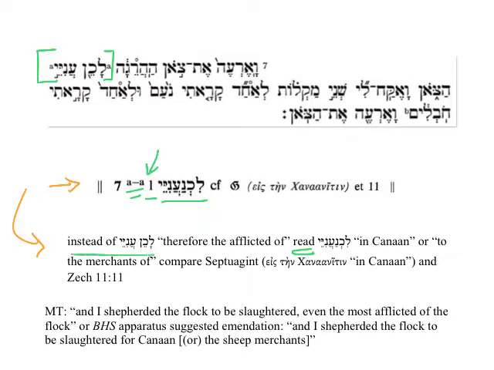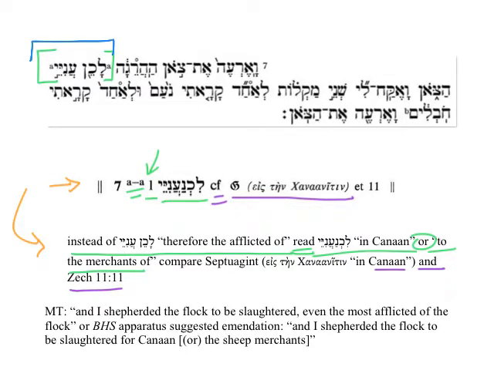That is, instead of this, therefore the afflicted of, read in Canaan, or, if it's not a proper name, to the merchants of. Then the editor says, compare the Septuagintal reading, namely, in Canaan, and compare chapter 11, verse 11, where there's a similar situation.